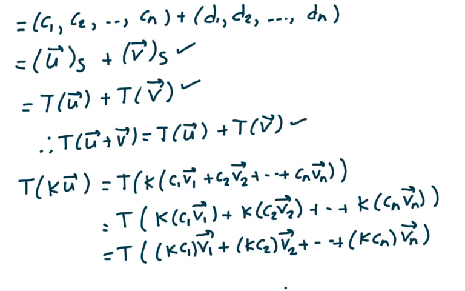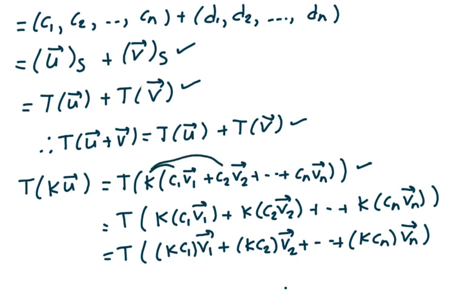Now, take a look at T of ku. But that's T of k times (c1v1 plus c2v2 plus ... plus cnvn), right? But that's T of k times c1v1, so I'm distributing, right?